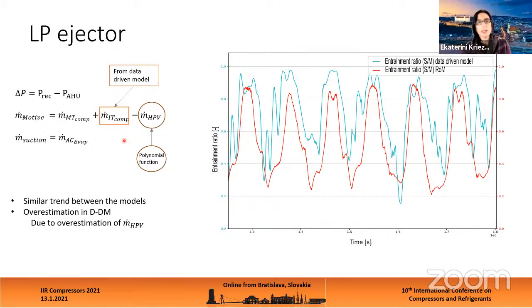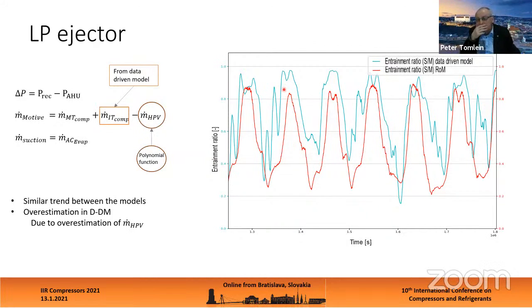If we now see the results, we take the LP ejector data only from the period when only the LP ejector, the low pressure liquid ejector, was operating. Cyan is the data from the data-driven model, while red is from the ROM model. We can see that both models are following the same trend, but the data-driven model is overestimating.